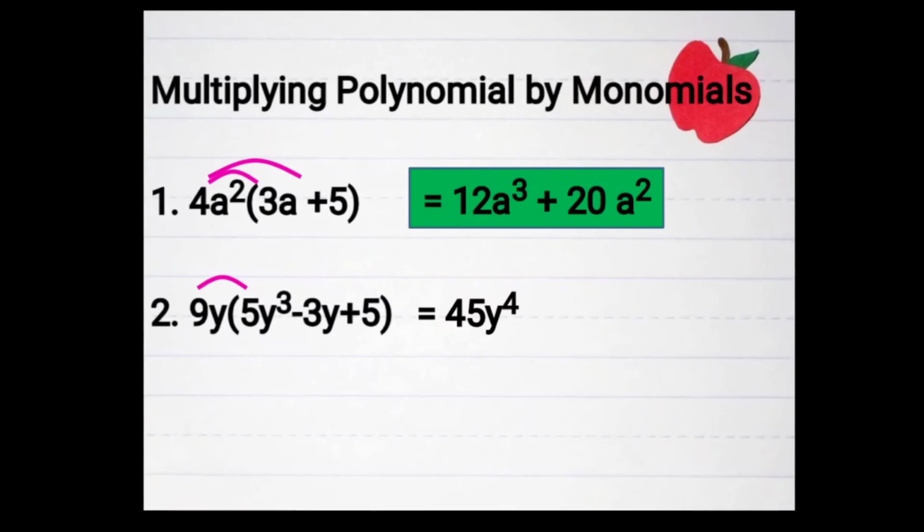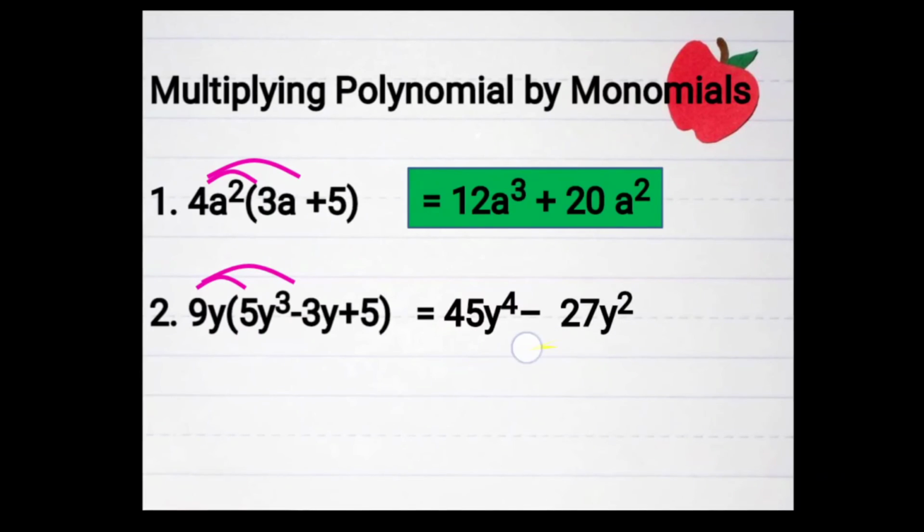Next, 9y times negative 3y. 9 times negative 3 is negative 27. That's why you have to put here negative 27.